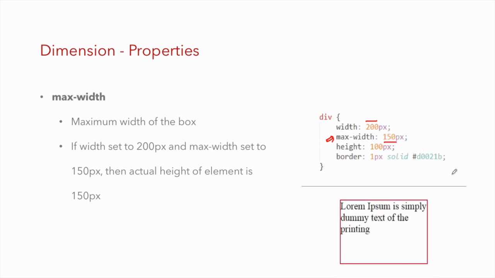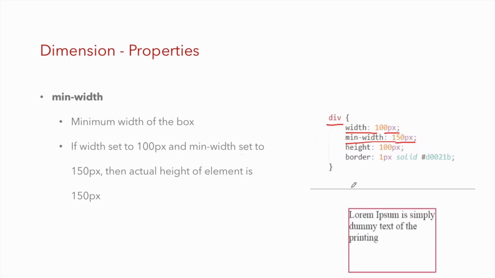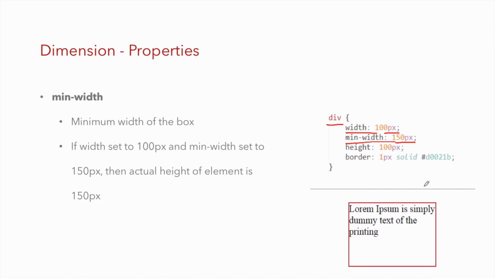And similarly for minimum width, with width as 100 pixels, if you specify minimum width as 150, then to this particular element, minimum width will be applied as 150 pixels. There could be certain cases wherein after a certain condition, the width or height of your element is going to change dynamically because of some function call or content changing. In those cases, setting these properties will be useful.